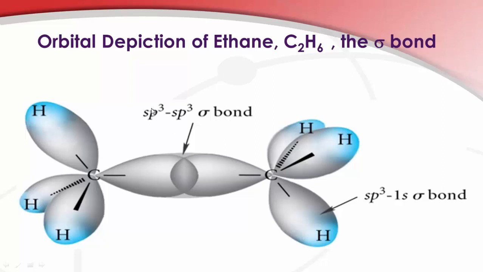We have the overlap of sp3 in between the two carbons. And we have another kind of sigma bond, the overlap of an sp3 hybridized orbital with a 1s orbital to allow for the bonding with hydrogen. So this is a pretty good depiction of the electron density that we see around ethane.